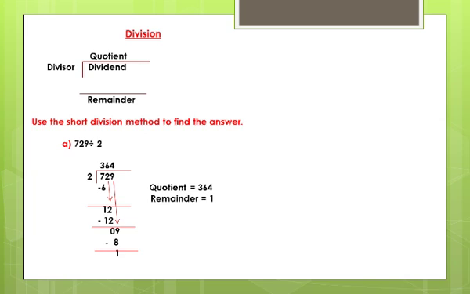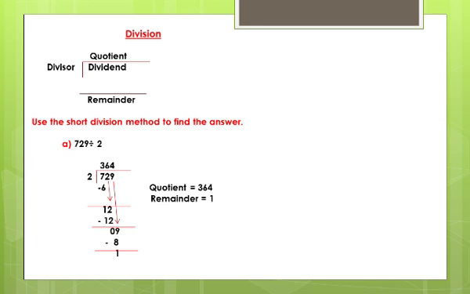Now look at the number which multiplies by 2 to give us 9. As there is no exact fit, but we know 4 times 2 is 8. 8 is smaller than 9.